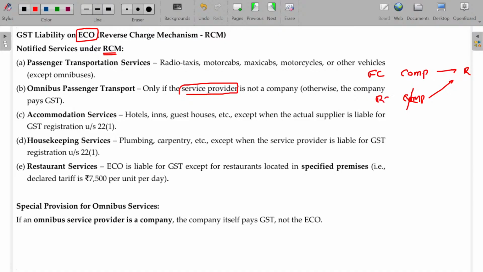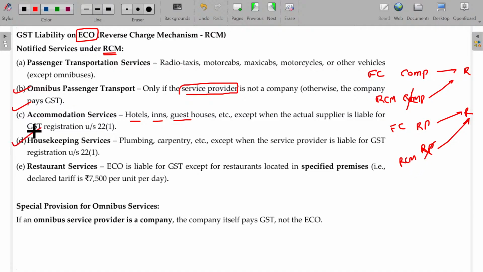Other than a company, RCM basis will be applicable. RCM means who has to pay? ECO has to pay. ECO will be the responsible person here. In case of accommodation, like hotels, inns, guest houses, similarly here: registered person to recipient is forward charge, non-registered person to recipient is RCM.